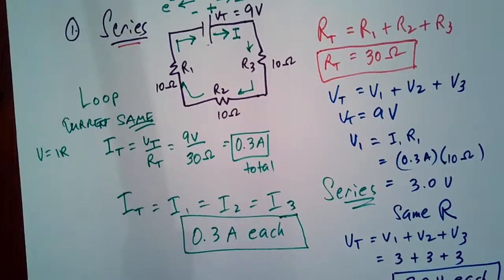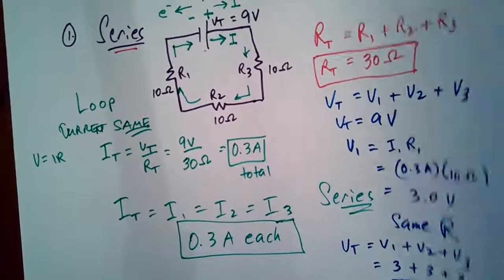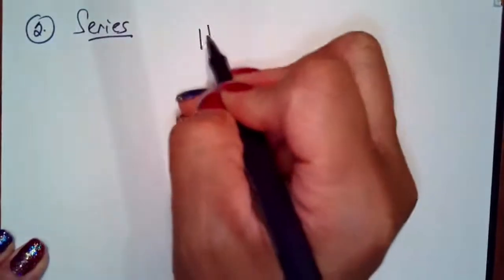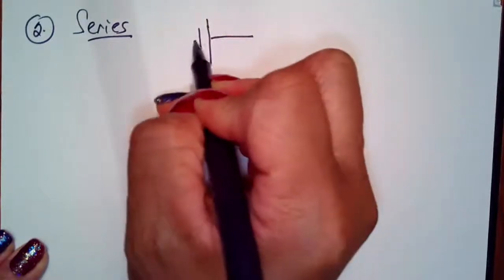If we look at another example here, let's take a look at example 2. This time we're going to have still a series circuit, but this time we're going to be using a different amount of resistance.